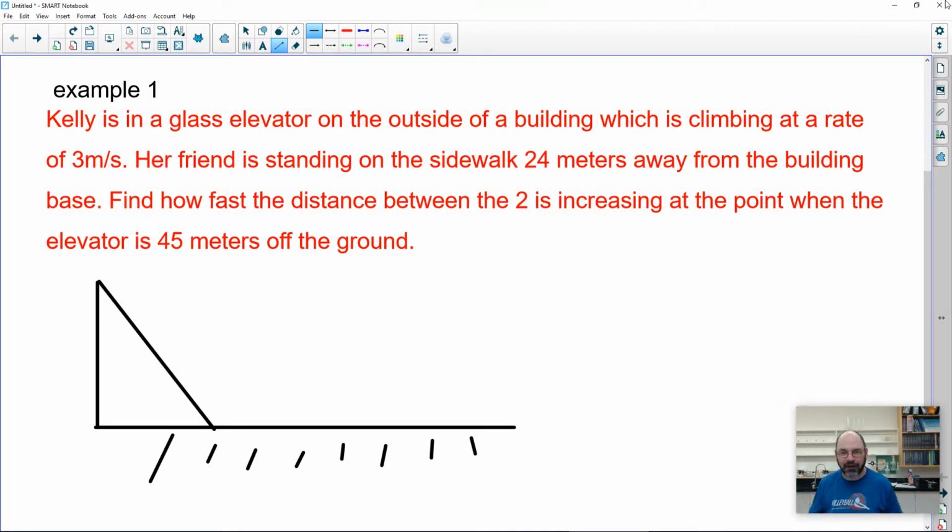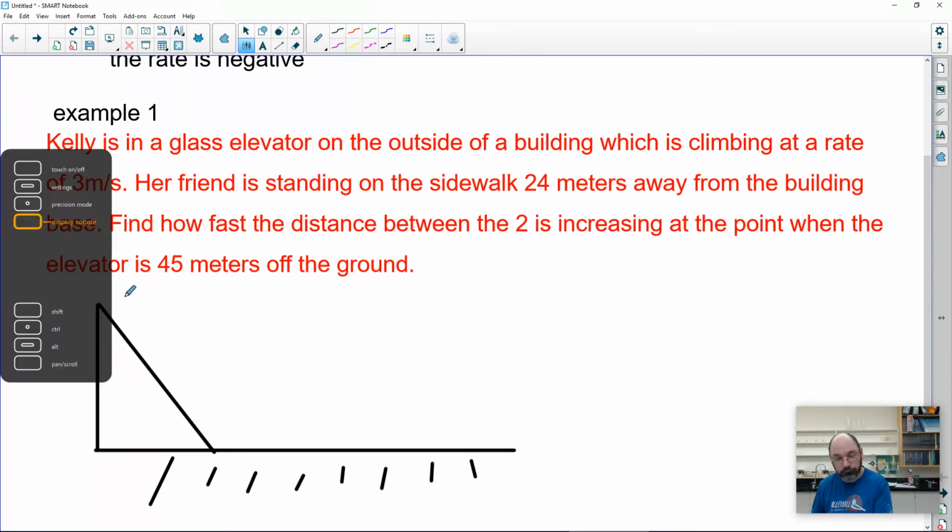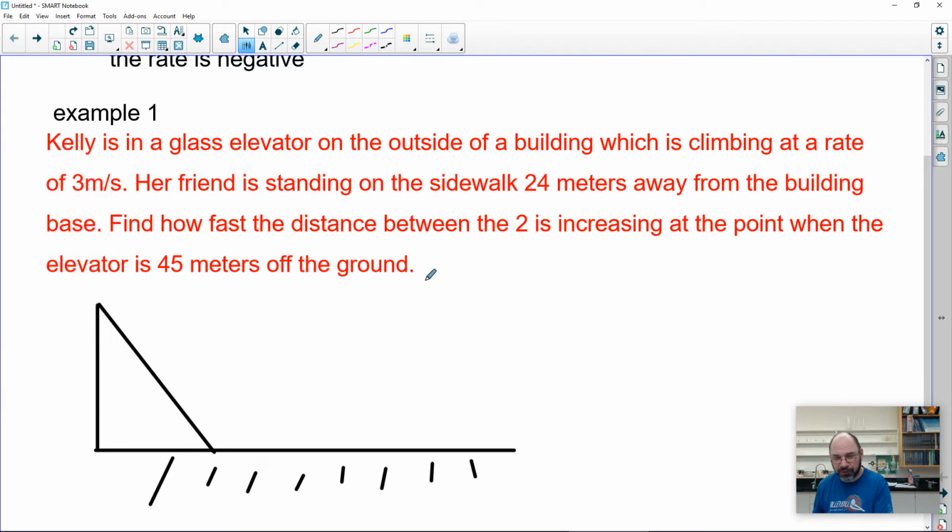Let's get our marker out here and put in our knowns. So step one is to draw it, sketch and define your knowns.